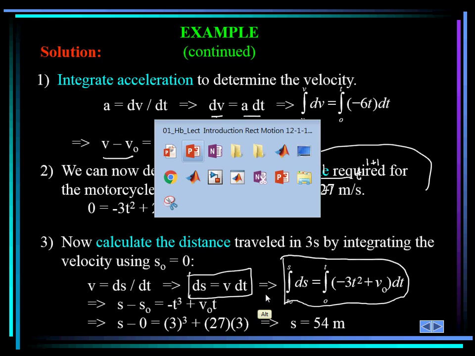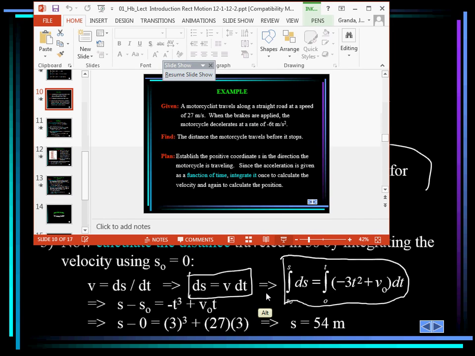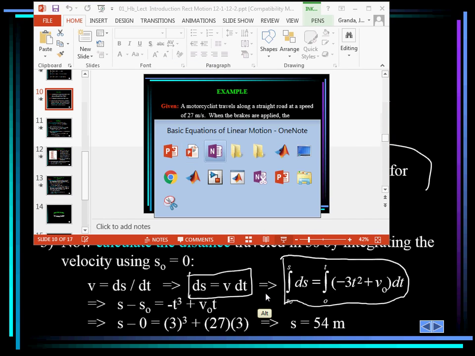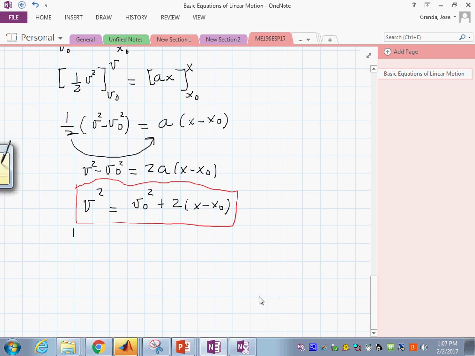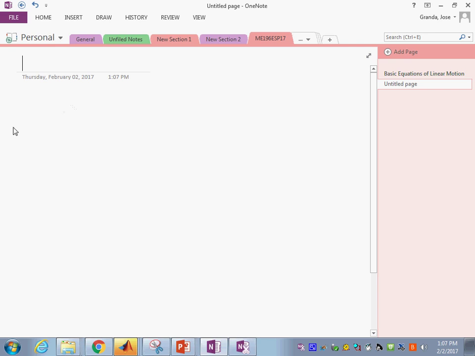So why don't we go to our notes and perhaps find another space, so that we can do it specifically.